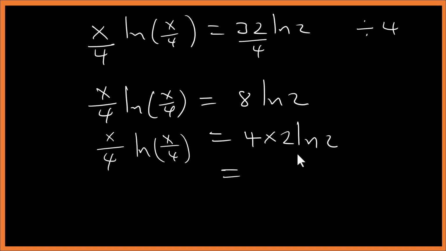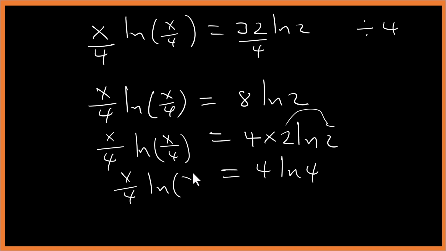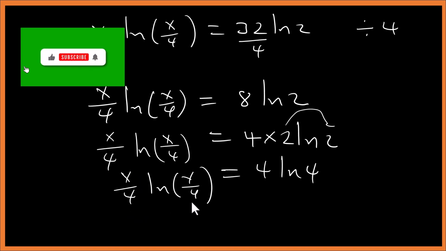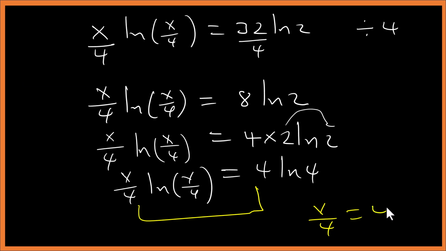So we can write this as 4 ln of 2 squared, or just 4. Since this one is the same as that and this one is the same as that, you can say that this one equals that. So it means x over 4 equals 4. Therefore x is 16. That's the first answer.